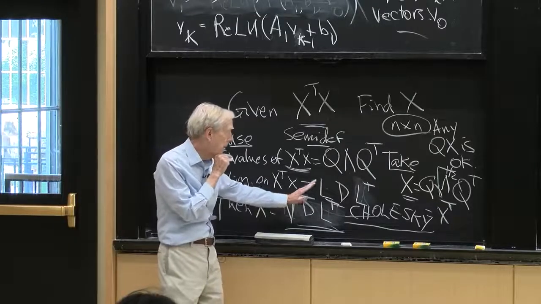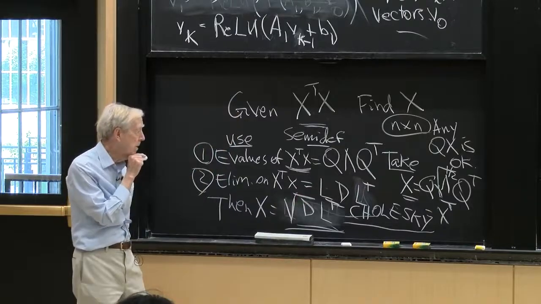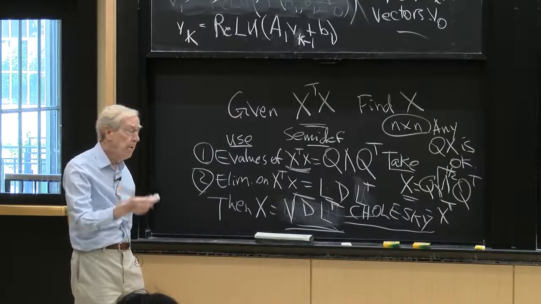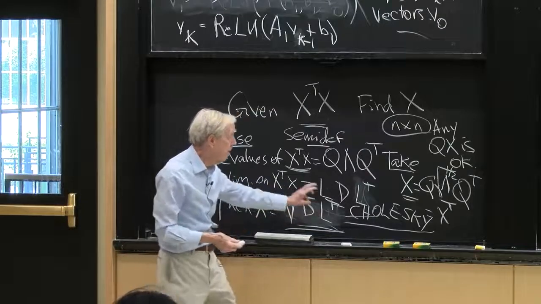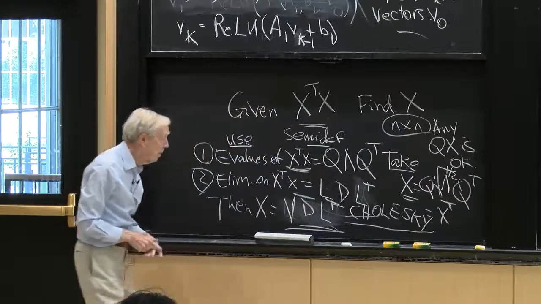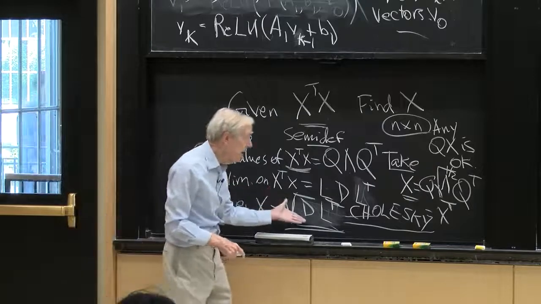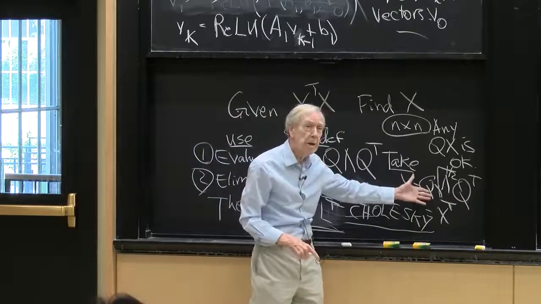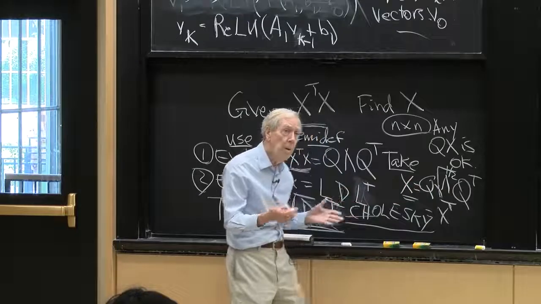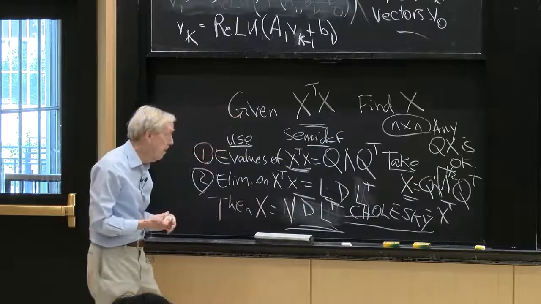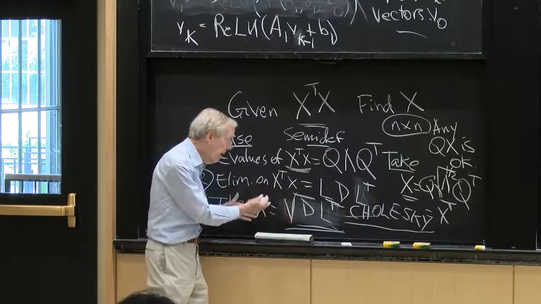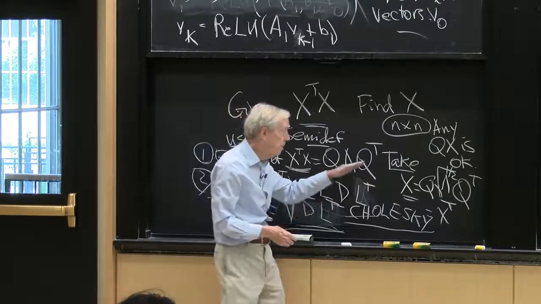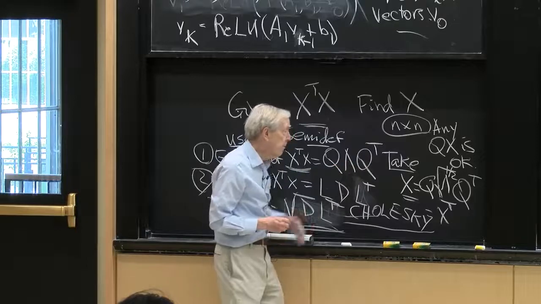So L D L transpose is Cholesky, and that's easy to compute, much faster to compute than the eigenvalue square root. But this square root is triangular, this square root is symmetric. Those are the two pieces of linear algebra: to reduce things to triangular form, or to connect them with symmetric matrices.